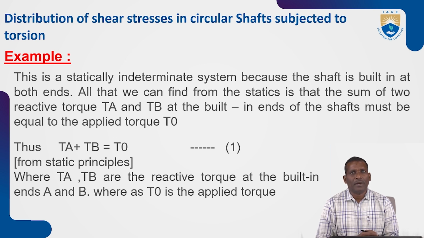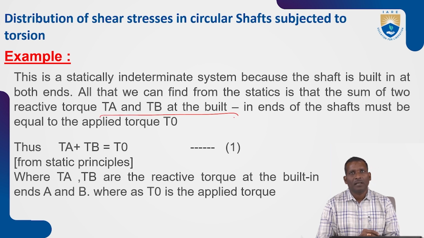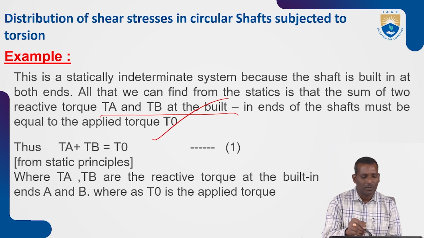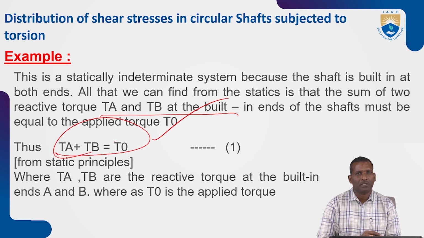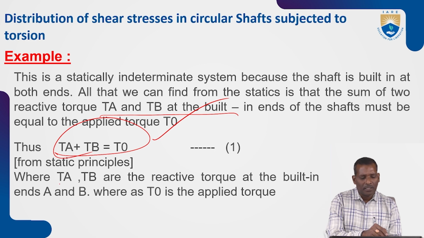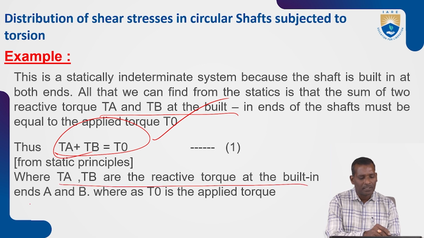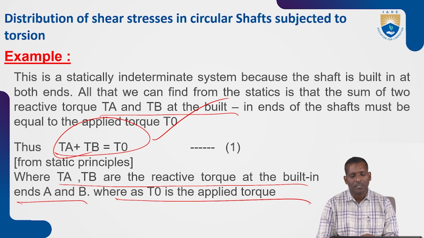All that we can find from statics is that the sum of the two reaction torques TA and TB at the built-in ends of the shaft must be equal to the applied torque T naught. So TA plus TB is equal to T naught, where TA and TB are the reactive torques at the built-in ends A and B, and T naught is the applied torque.